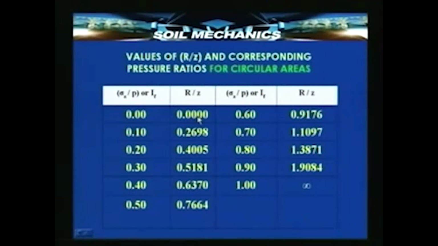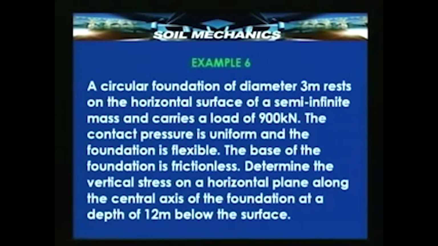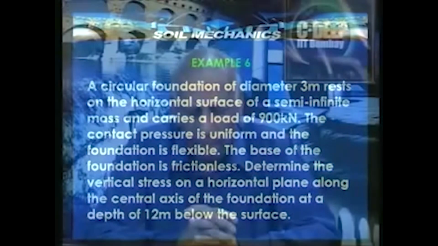It is the first table where we have Z by R versus IF that we shall be using for computing stresses below circular loaded areas. Let us take the example of a circular loaded area and see how to compute these stresses.